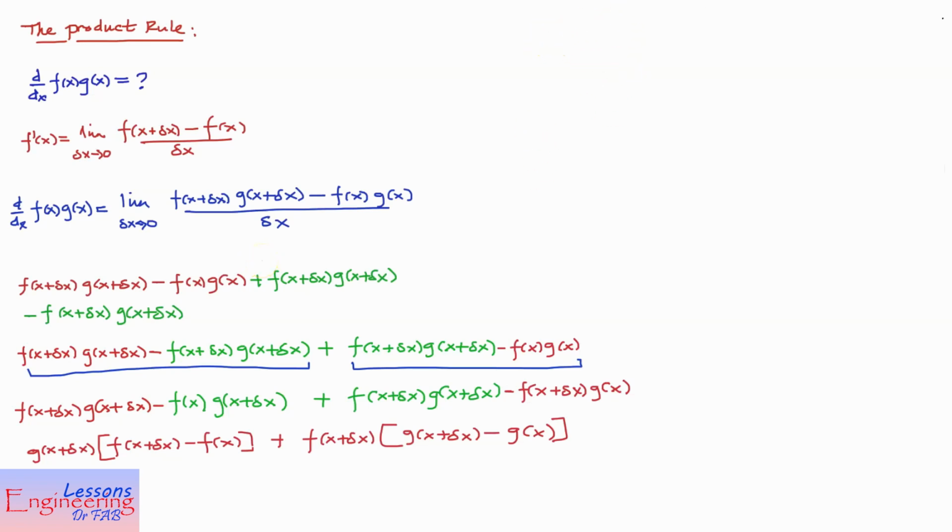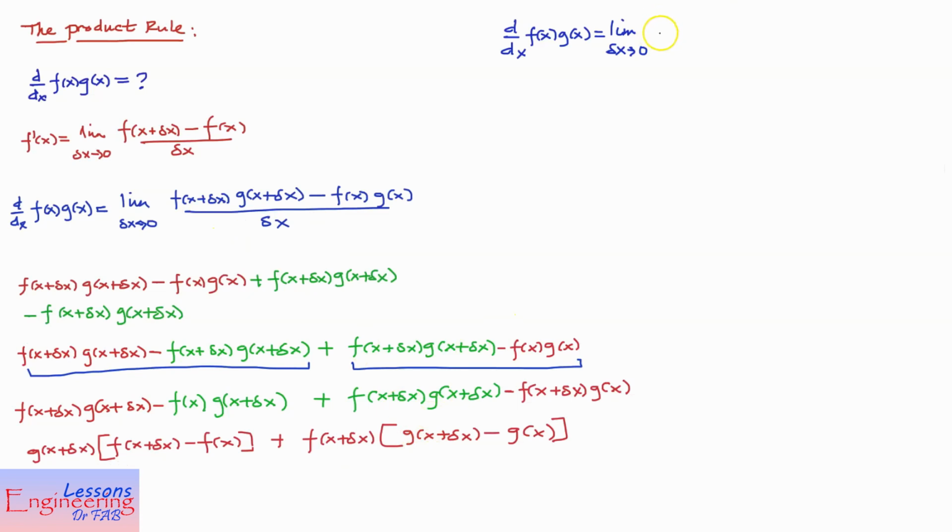So now we can write d by dx of f of x times g of x equals the limit as sigma x approaches 0 of that expression, okay, over sigma x, okay.